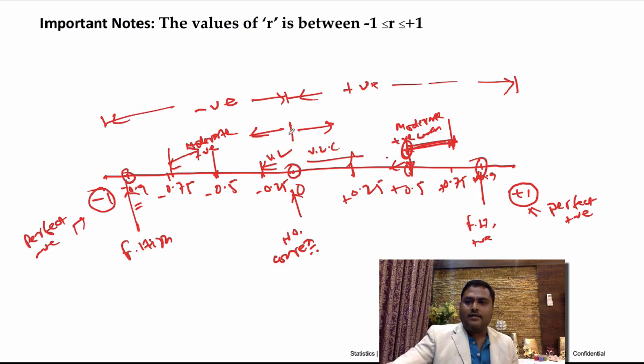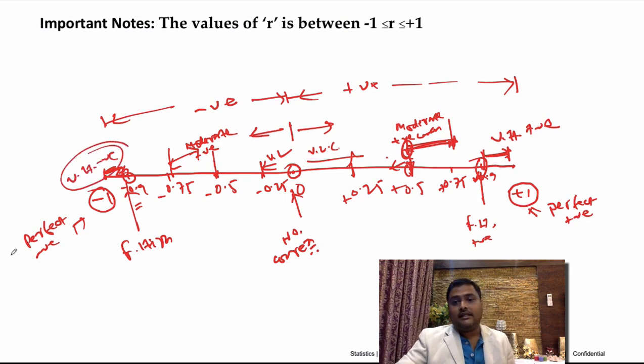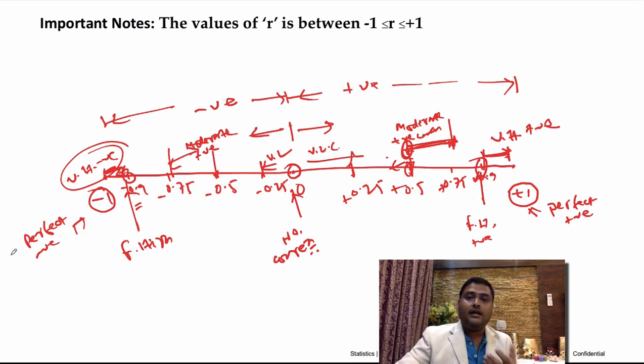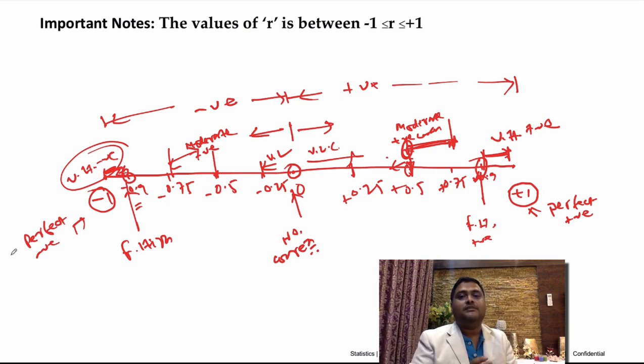Now the moment I am getting any value between 0.91 to plus 1 or minus 0.91 to minus 1, in this range I will say it has very high positive correlation, very high negative correlation. Now this gives an important idea of how we can interpret the result and measure the strength of the relationship between two variables.